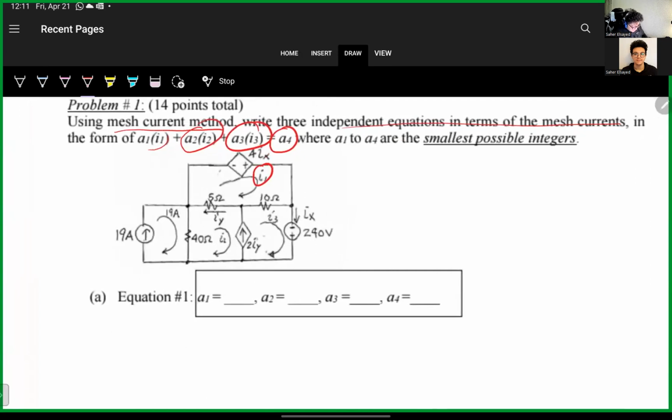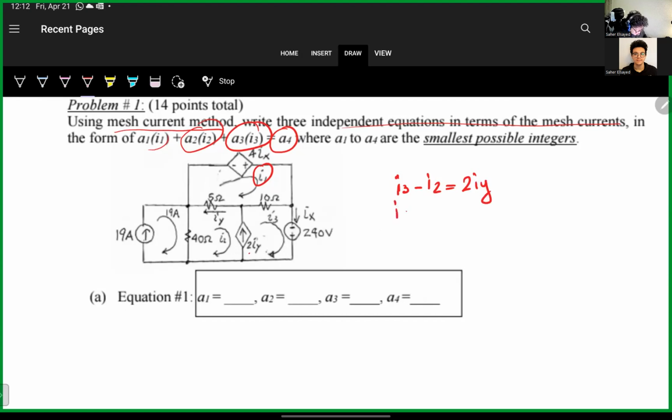So first of all, what do you notice here? I noticed that I3 minus this one here, what is this? Is this I2? I3 minus I2 is equal to 2IY, right? That is the first thing I noticed. Second thing I notice is, where is my IX?